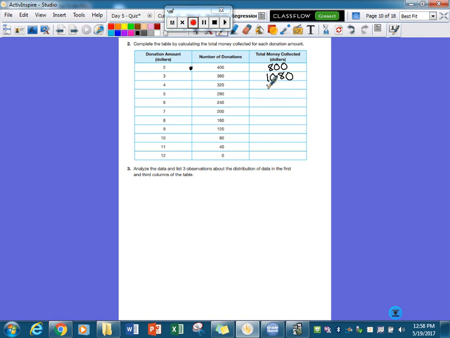Then we have 1280. 1400. Then we have 1440. Then we have 1400 again.